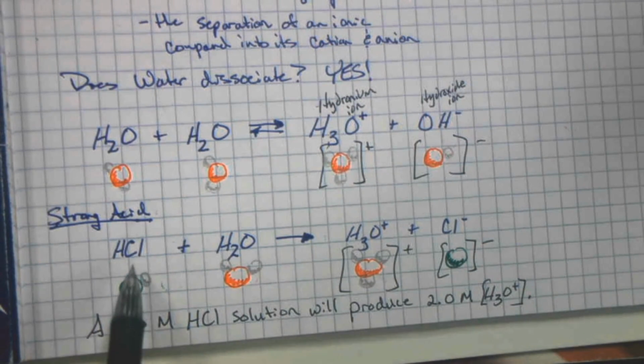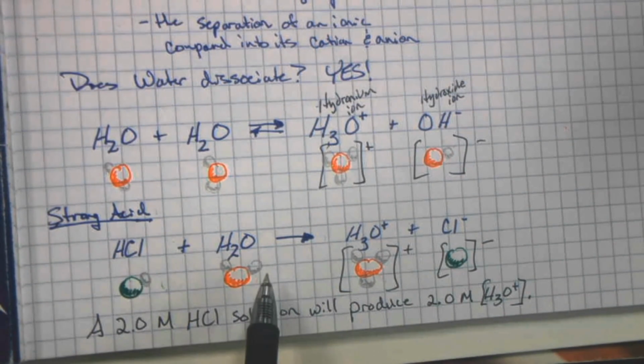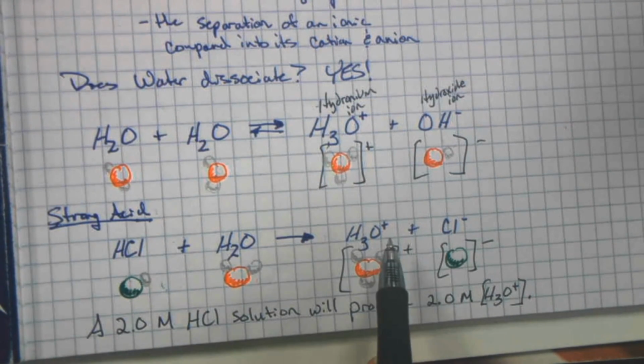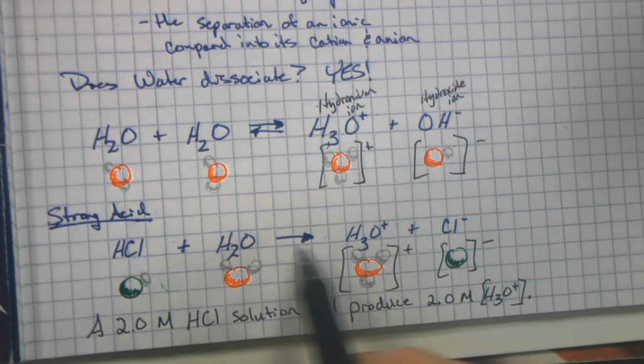Every single mole, every fraction of a mole of the HCl that you put into water will separate and make hydronium ion. And it doesn't go back. That's why this arrow is only one direction. So then we have strong bases.